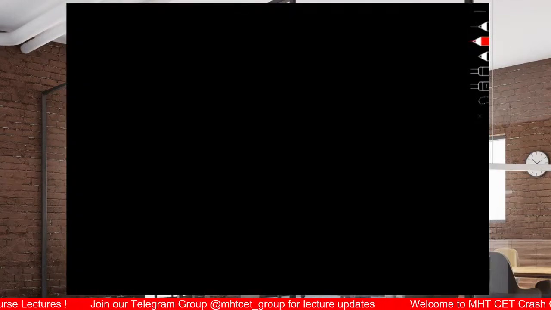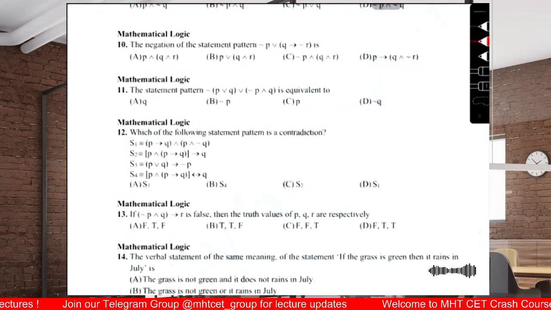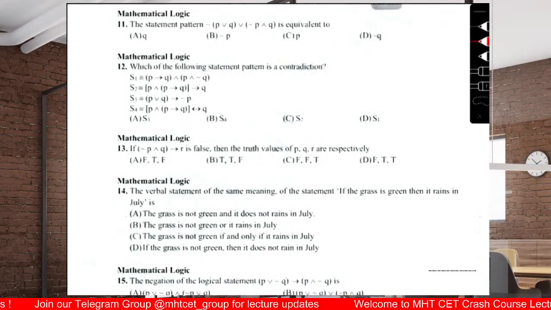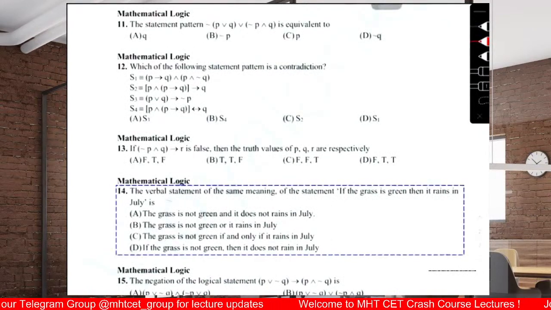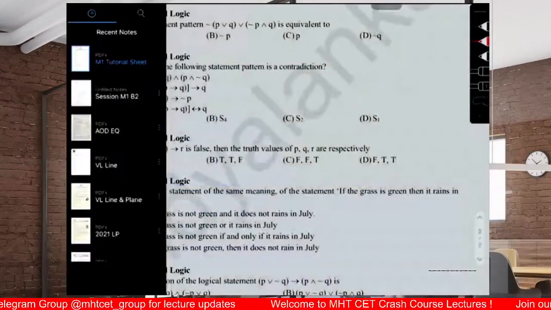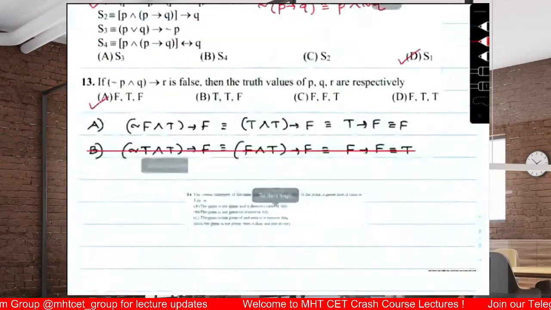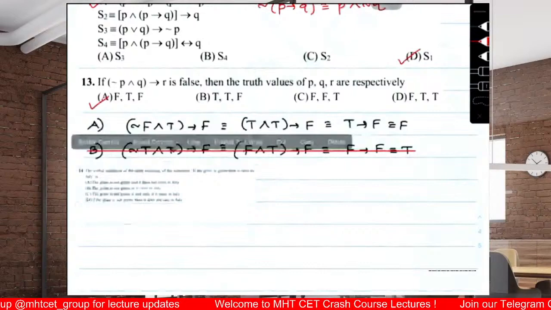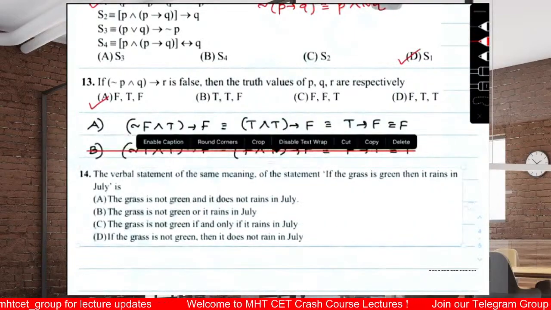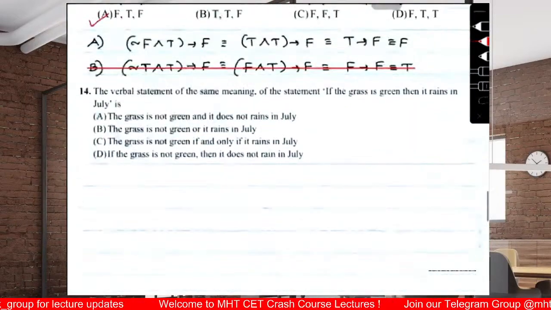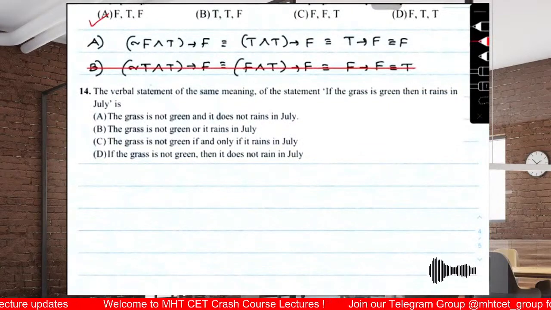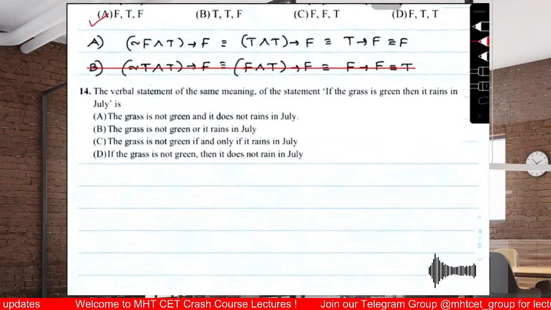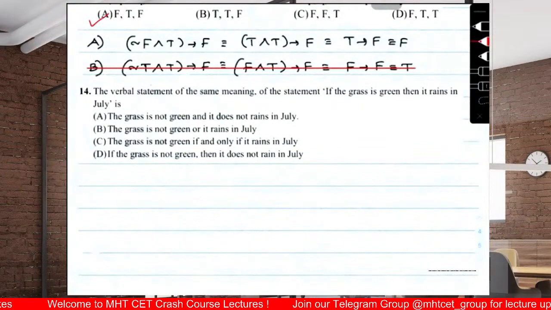13th is done. Next is 14th. The verbal statement of the same meaning of the statement: if the grass is green then it rains. Okay, so इसमें ये याद रखो.